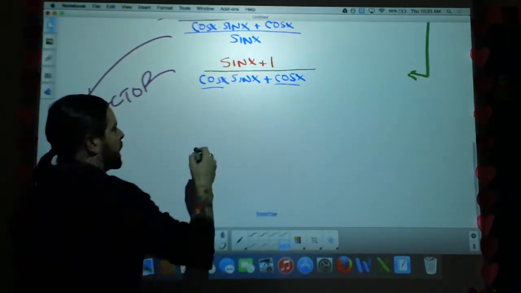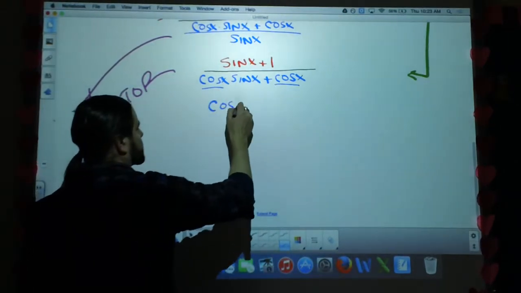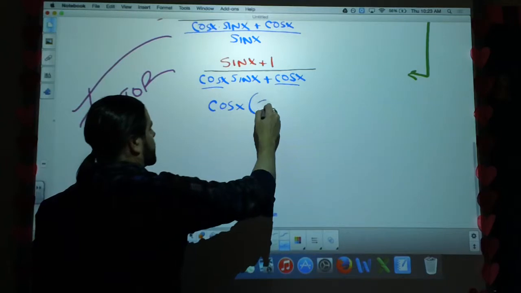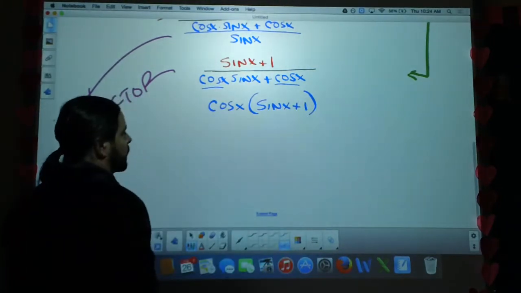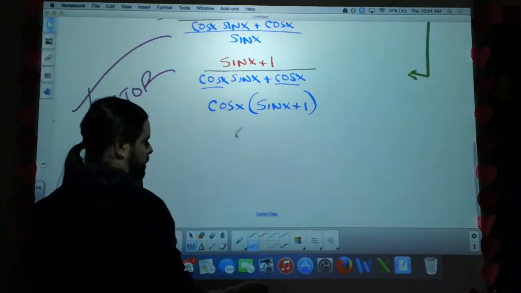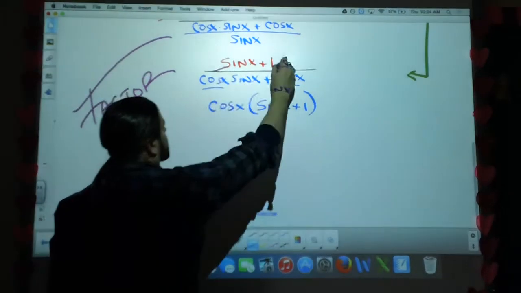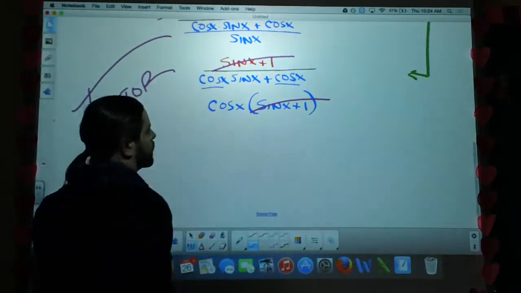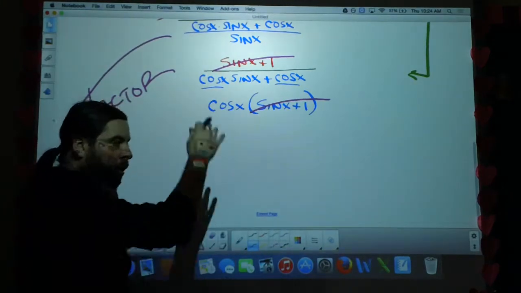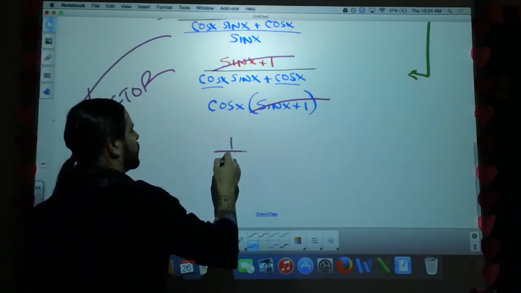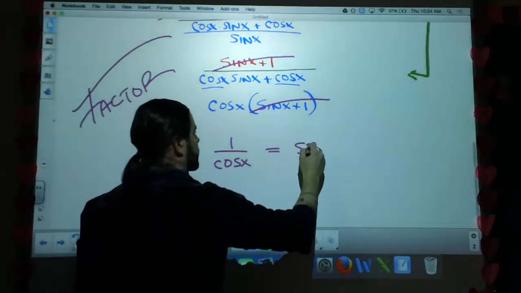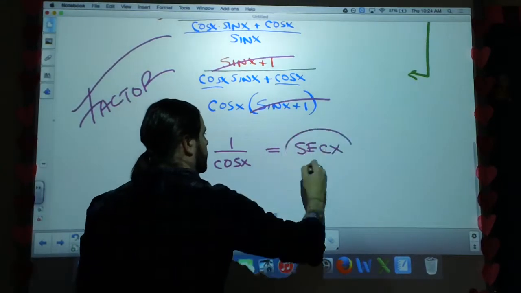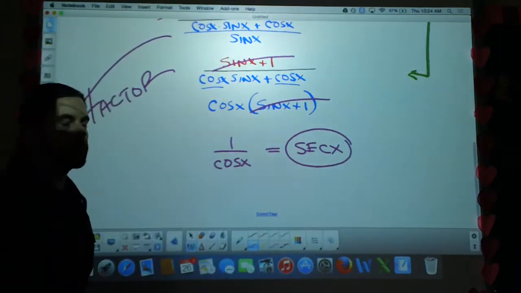I could factor that out and make this cosine x times sine x plus 1, and then lo and behold, Christmas miracle, sine x plus 1, sine x plus 1. So all of this boils down to 1 over cosine x. And that equals secant of x. And that's as simple as I can make it.